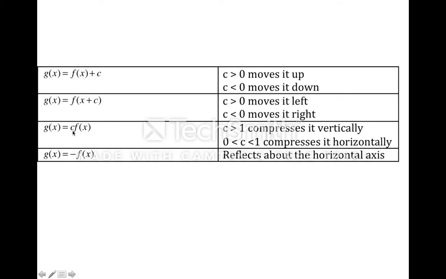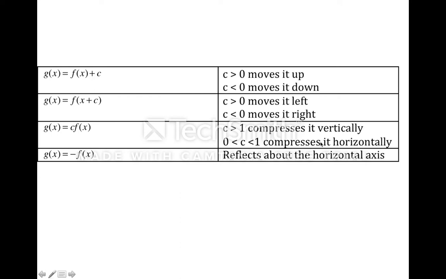Multiplying by a constant, a non-zero constant, is a compression. It's going to compress the function. If the constant is bigger than 1, it compresses it vertically towards the y-axis. If the constant is a fraction between 0 and 1, like a half, it's going to flatten it out.